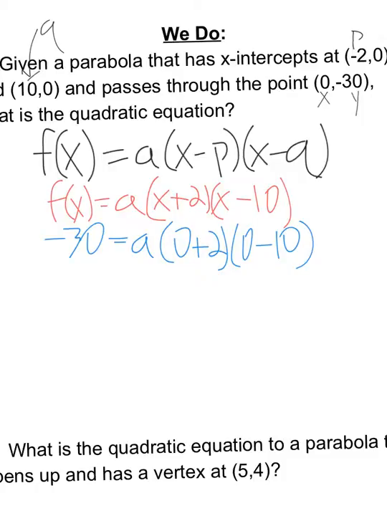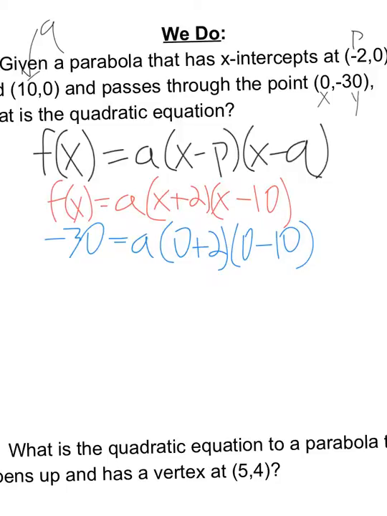So in red, I just wrote it, plugging in my p and q. You can skip that step and jump right to the blue step if you need, because all I did in the next step in blue is just plug in the x and y. So I have x plus 2 because it was a negative 2, so x minus negative 2 is x plus 2, and then minus 10 because it's x minus q, so x minus 10.